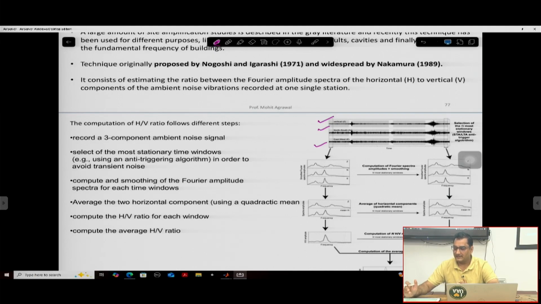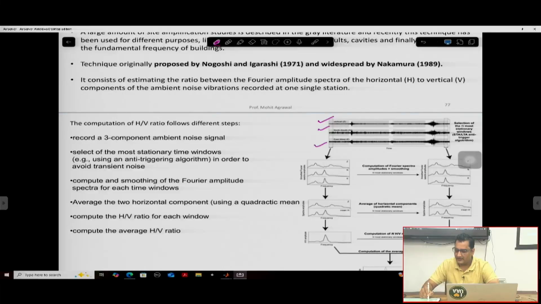And if there is any spike, for example due to a truck or electrical wire lines, then you will have to apply an anti-triggering algorithm that will remove any kind of short burst present in the signal, or the transient noise.